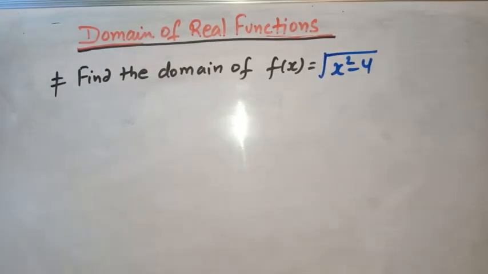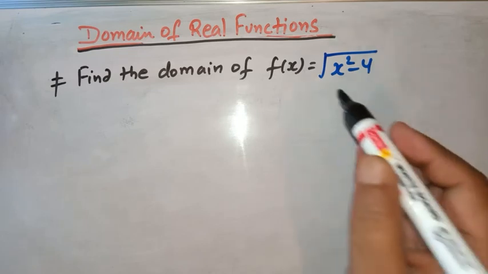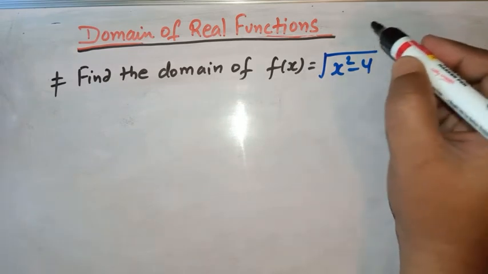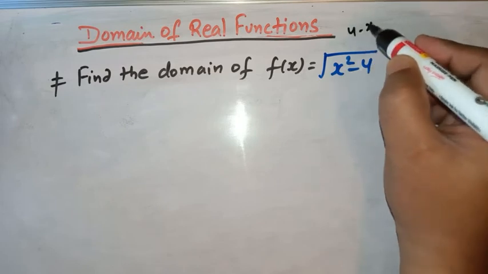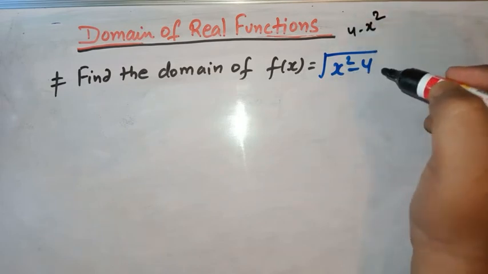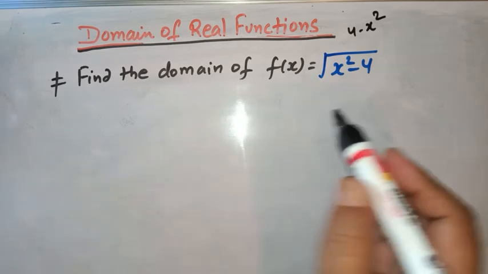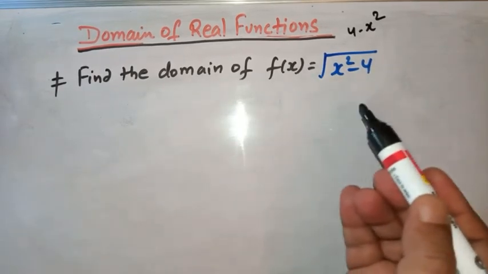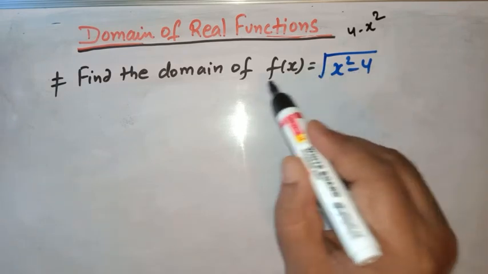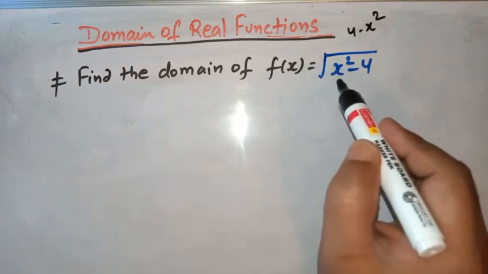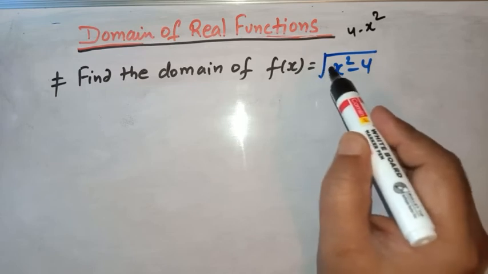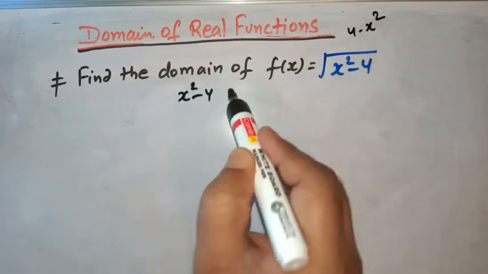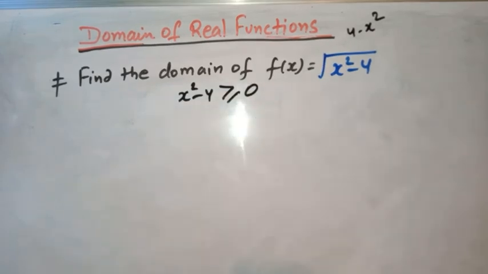Viewers, let us take this example. In the previous example we took 4 minus x square. Now we are taking x square minus 4. So again we can explain it on the same lines, that the domain will consist of those values of x which will make this x square minus 4 greater than or equal to 0.